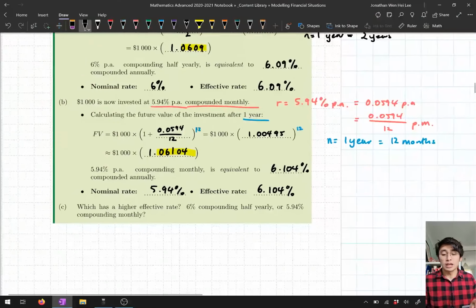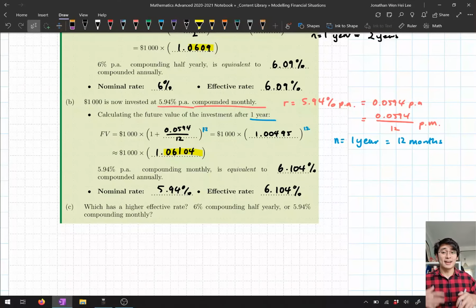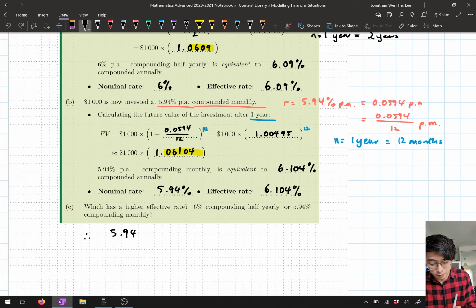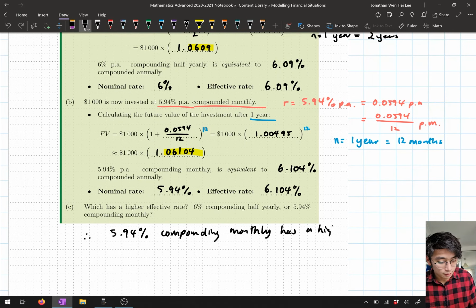So out of these two, even though in the first example we had a higher nominal rate, because of the higher frequency of compounding periods in our second example, the second example has a better effective rate. Therefore, 5.94% compounding monthly has a higher effective rate.